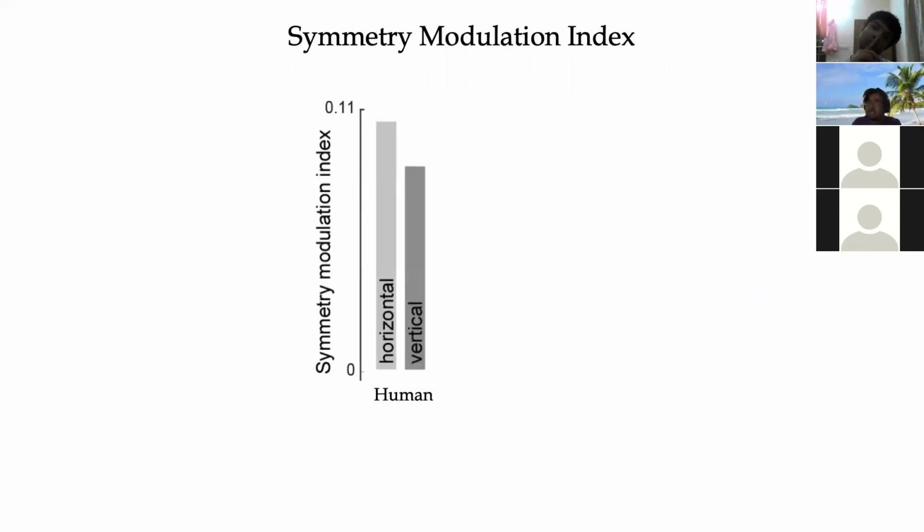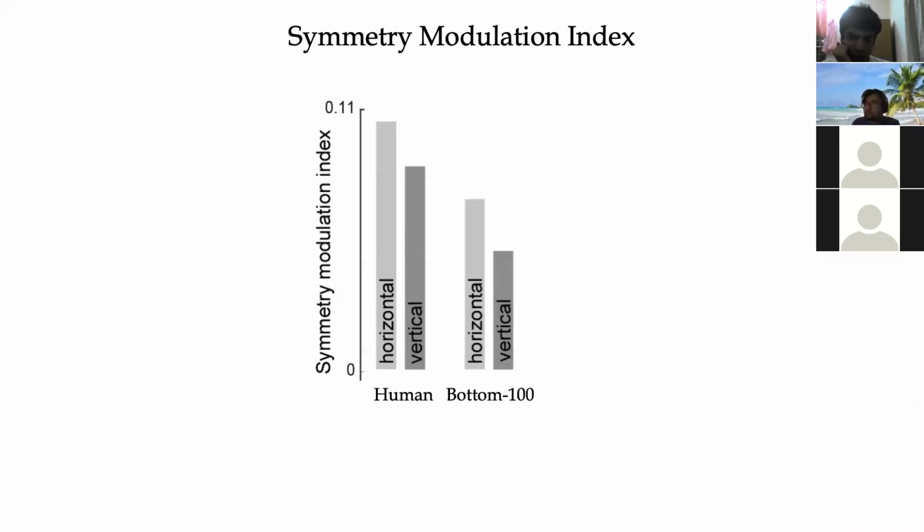We did exactly that and compared the symmetry modulation index across the most important units in this penultimate fully connected layer and humans. I'm showing you the symmetry modulation index for humans here, and this is for the bottom 100 units. These are the 100 units in the penultimate fully connected layer that are least important for object classification.